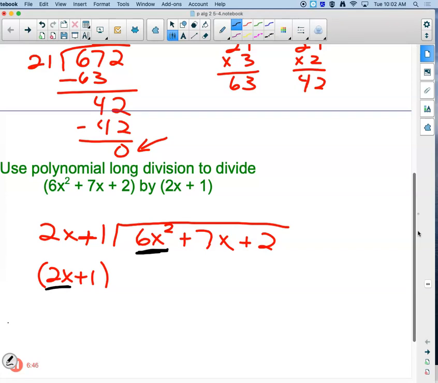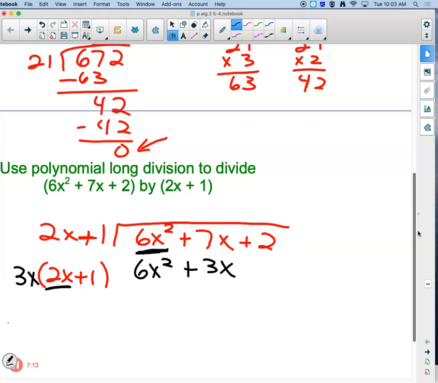An x, exactly. So we're going to multiply the quantity 2x plus 1 times 3x. Now, if you're thinking, but I'm going to get something else in the back because there's a 1 there, you're absolutely right. But we don't have any control over that, and we don't want to worry about it. Just the first terms. So 6x squared plus 3x.